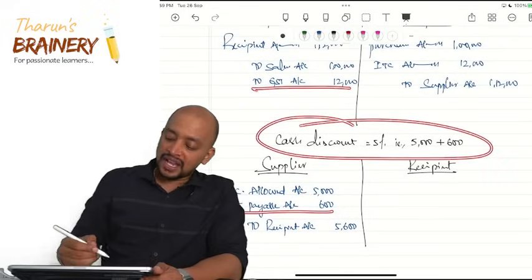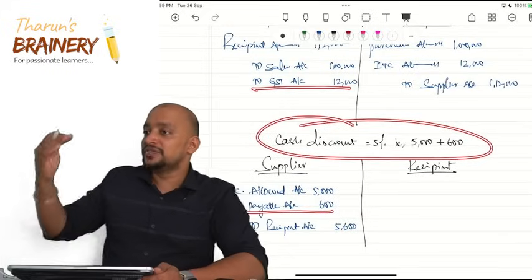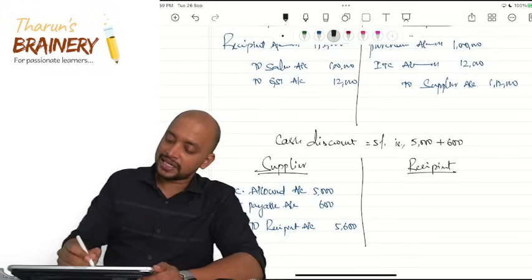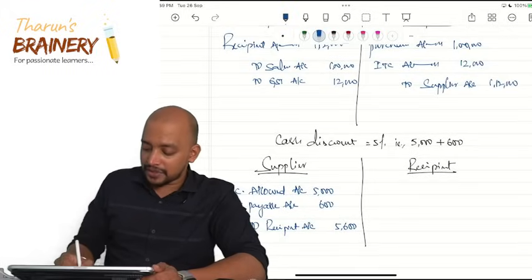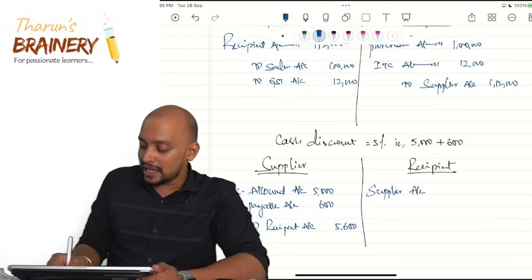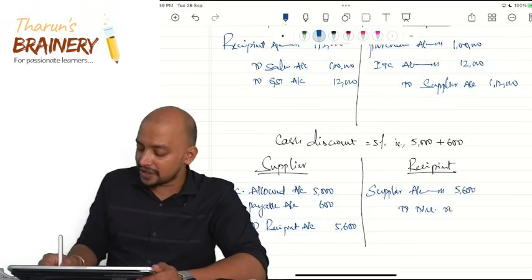Okay. Because of the credit note, what happens to the supplier's liability? It will be reduced. And what will happen to the recipient? See the recipient entry. Supplier account debit. Supplier's balance will come down now, 5,600 to discount received account.